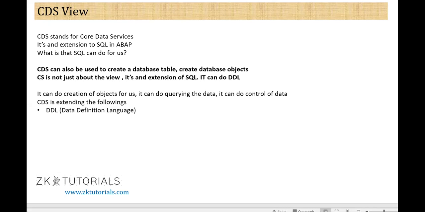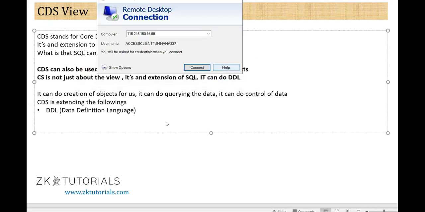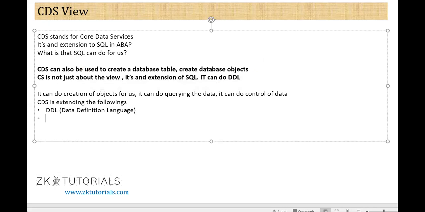So the next one is DQL. What is DQL? Basically, this is the concept which is called CDS view. It can do database data fetching from multiple data sources. Usually your data is spread across multiple database tables, and you want to join them, connect them, and then fetch the data.